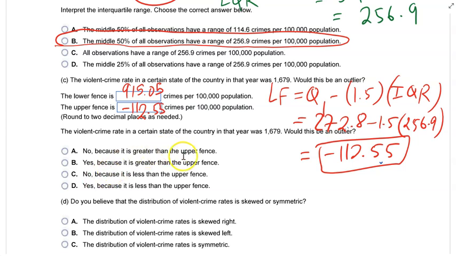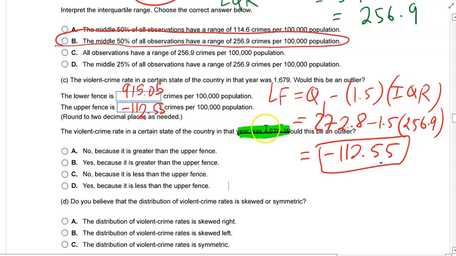And the next question is: the violent crime of a certain city was 1679. Is that number an outlier? The answer is yes, because if you look at the upper fence and lower fence, this number is not in between.